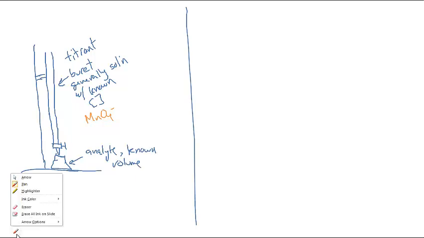In our case, this is Fe2+. And just like you had indicators for the acid-base reactions that you did, where you put in something and the color changed, a lot of transition metals undergo color change.